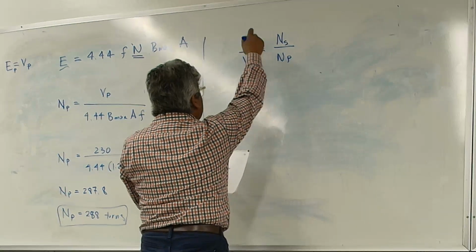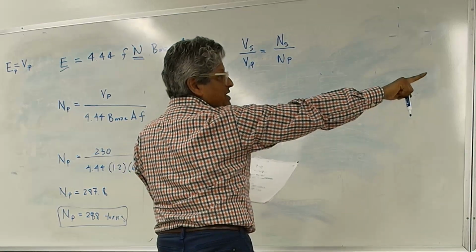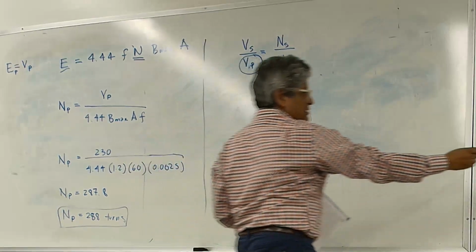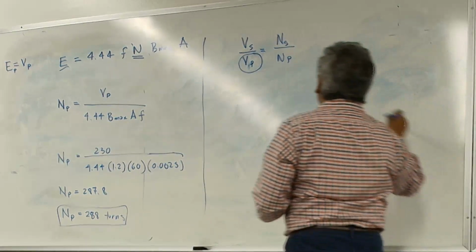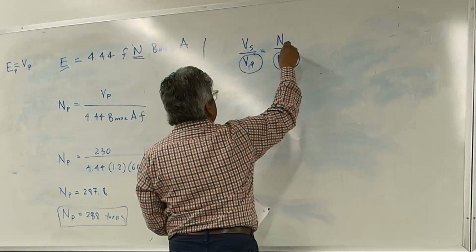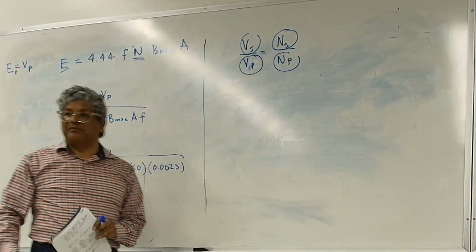All right, so now I'm doing the primary. I know this, they give it to me. I now have the primary number of turns. I know this voltage, I can solve for this. Do you agree with me? Yes.